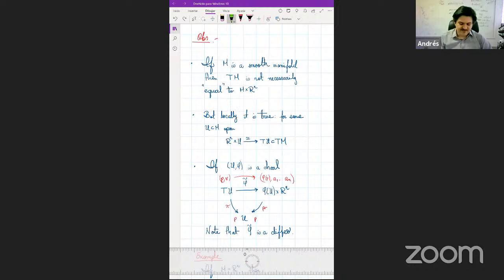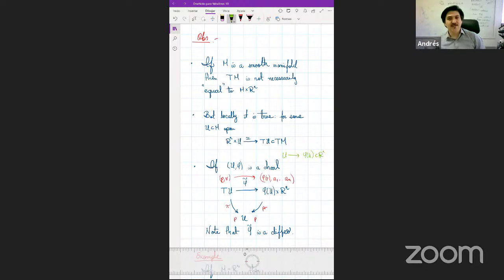Remember, if I have a chart, first of all, I know that this is a homeomorphism.